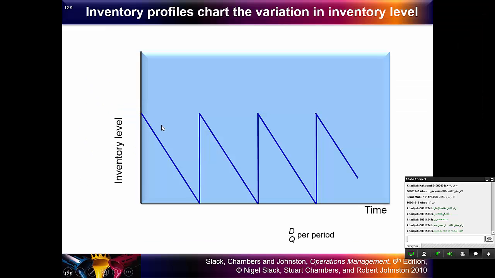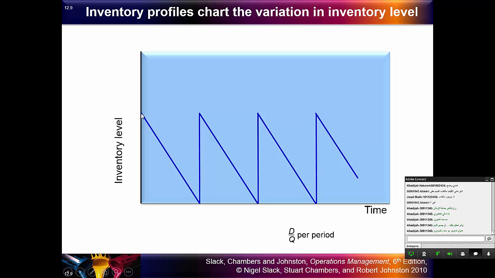Here we discuss this figure from the previous lecture, where we said that at the beginning we have full inventory, the complete inventory level. For example, if we decide to make our inventory 1,000 pieces, then here we have 1,000 pieces.